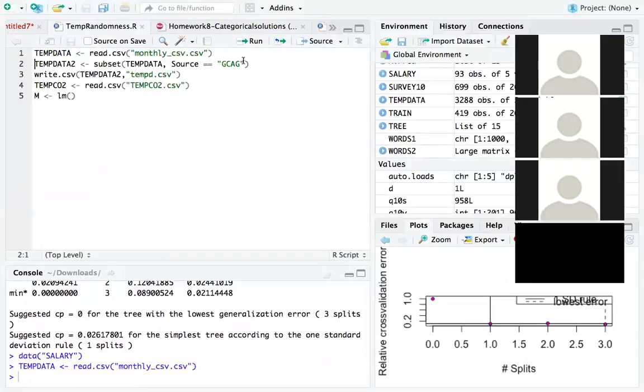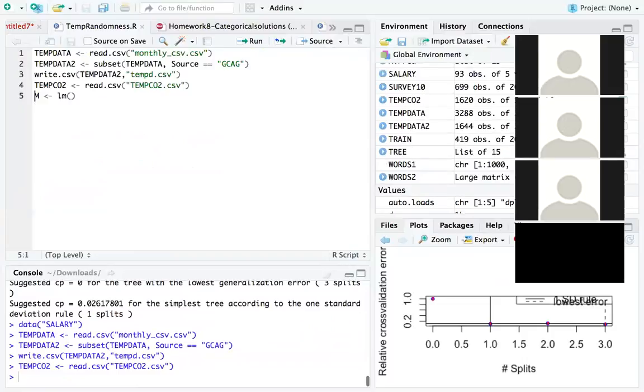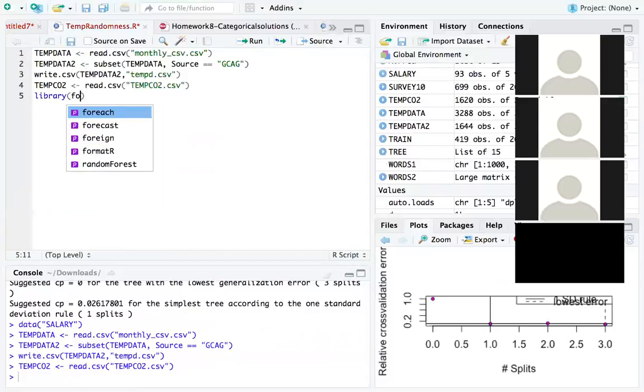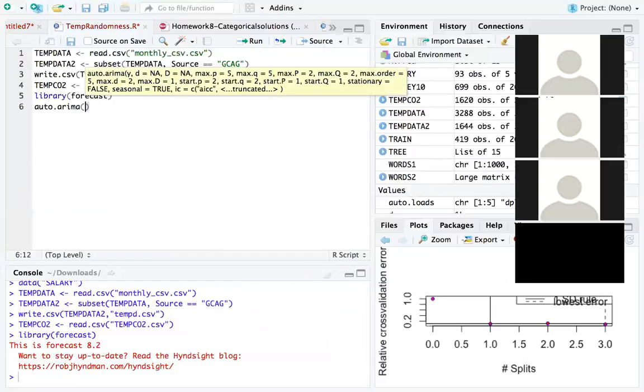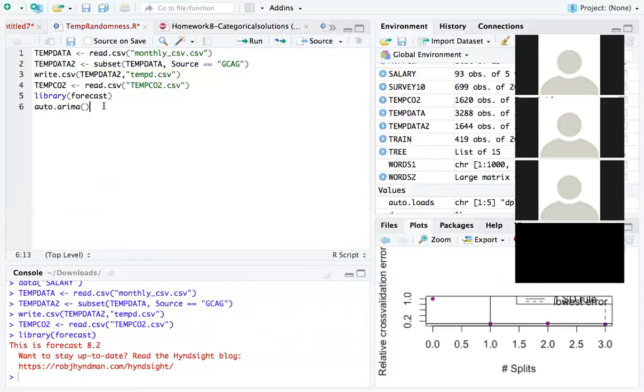Okay, there we go. We've got this right here. Is it AutoArima? Oh, I need to load in library forecast. I'm going to totally cheat and just show a little bit of this. There's library forecast, AutoArima. Can I remember the commands for AutoArima?